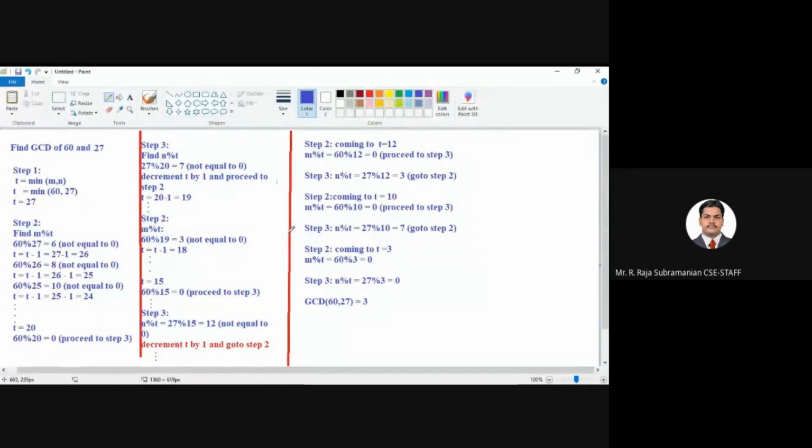If I do subtraction one by one, again and again, how many iterations will it go? Up to the minimum number's value, which we choose as t, right? Whether the 6 lakh is minimum or 17 lakh is minimum, 6 lakh is minimum. So 6 lakh iterations will be going on.